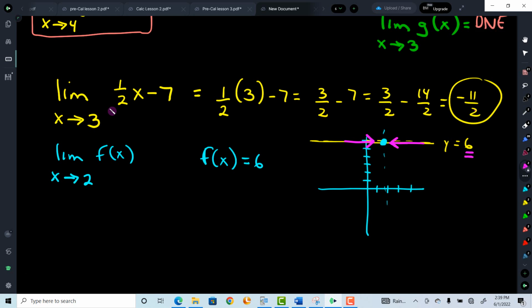This is a constant function. That means it remains constant. It doesn't change. So no matter what x value we're approaching, y is always going to approach 6. So this will equal 6. In fact, that's one of our properties. The limit as x approaches a of a constant function will always just be equal to that constant.